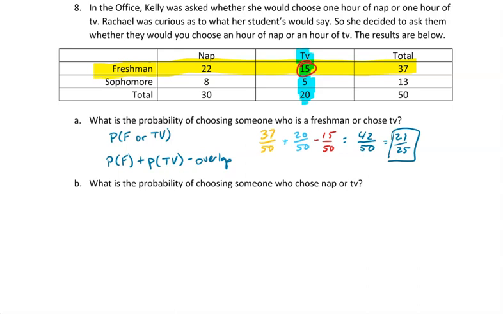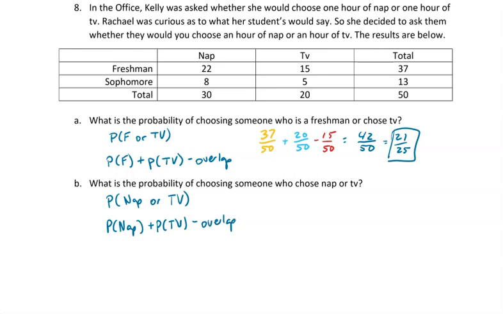All right, what is the probability of choosing someone who chose nap or TV? We go about this the same way. Probability of nap or TV. So first off, we are going to split that up. So probability of nap plus probability of TV minus any overlap. So for nap, it was 30 out of 50.